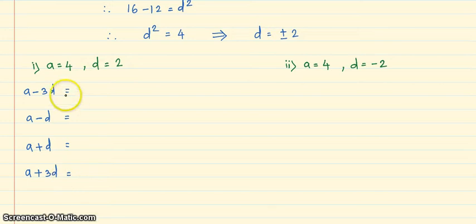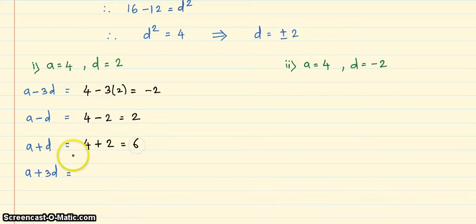First, 4 minus 3 into 2, 4 minus 6, it will be minus 2. Then a minus d, 4 minus 2 which is equal to 2. Then a plus d, 4 plus 2 which is equal to 6, and 4 plus 3 into 2, 6 plus 4, 10. So the numbers are minus 2, 2, 6 and 10.